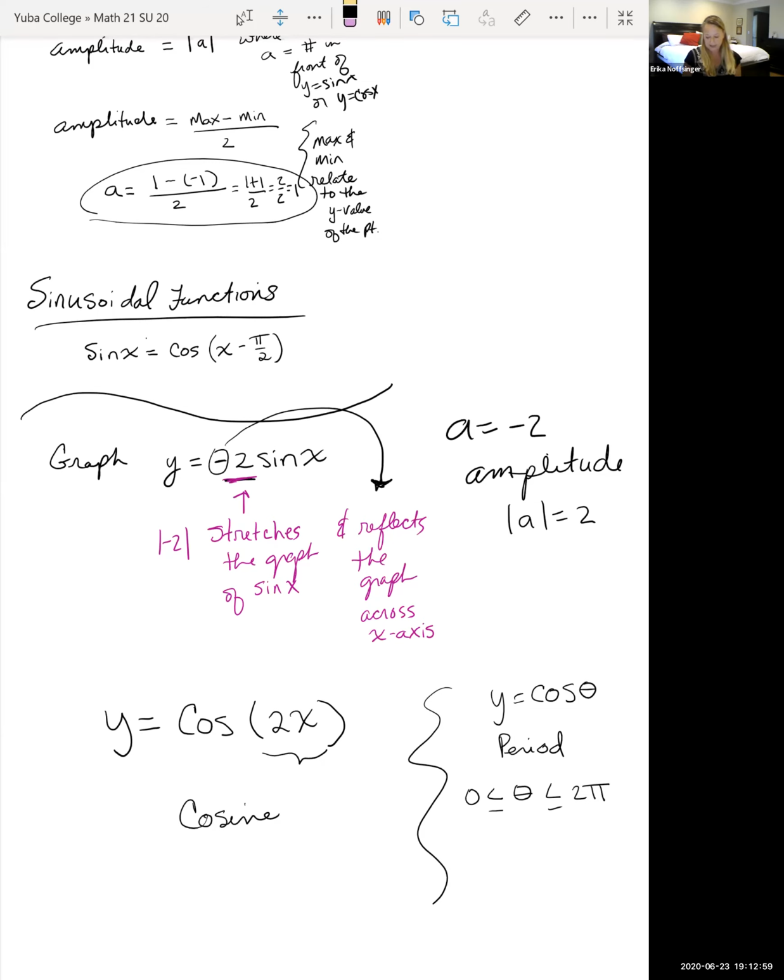So basically, how we can figure out the start and the end point of our new period is we can rewrite this argument, this is called the argument, and see how much in between what the period normally is. So 0 is less than or equal to 2x, which is less than or equal to 2 pi.